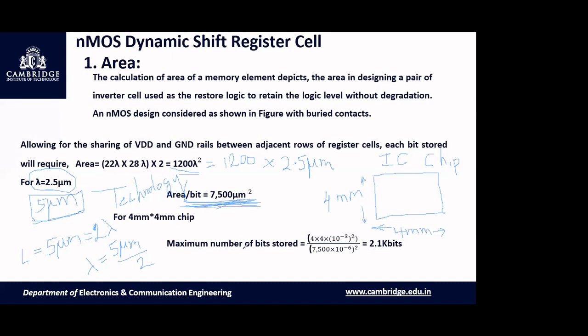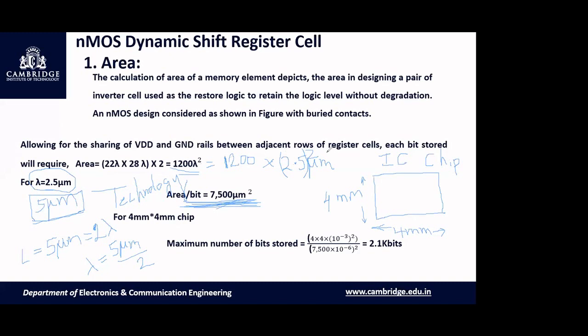Sir, 1,200 into 2.5 is not 7,500, sir. Okay, it's 3,000. Again, we need to square, sorry. Lambda square is there, no?